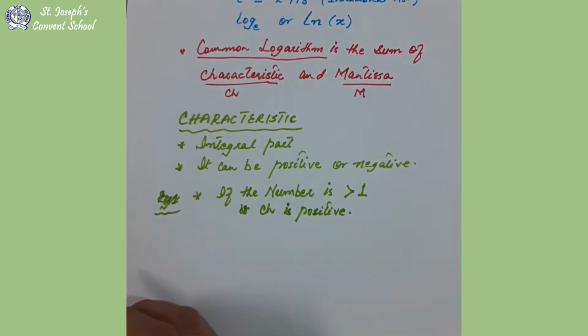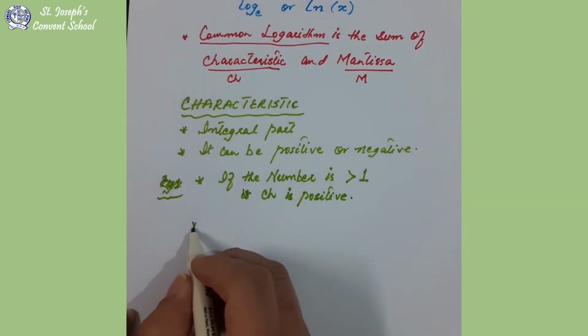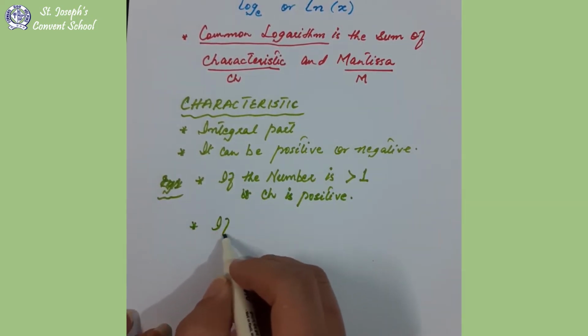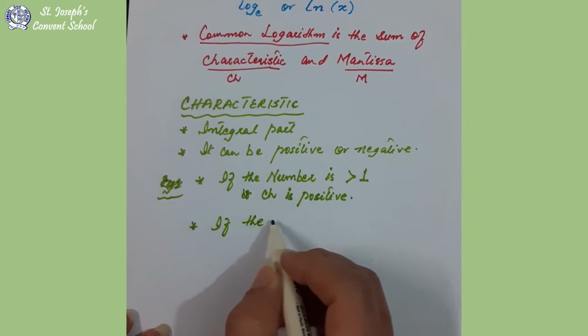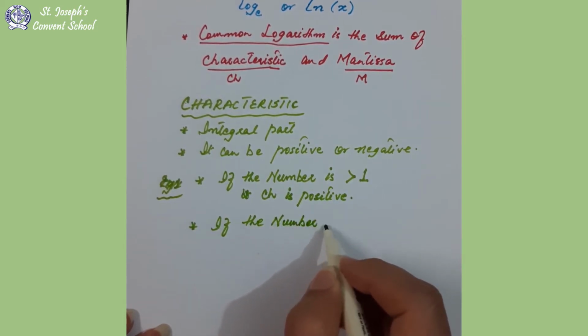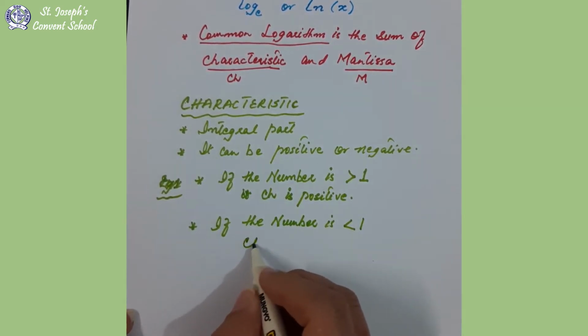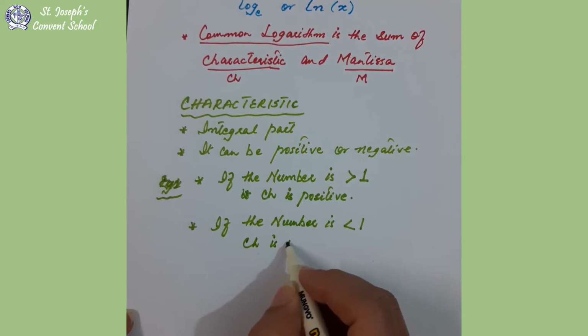Any number greater than 1 means the characteristic is positive, and if the number is less than 1, then the characteristic is negative.